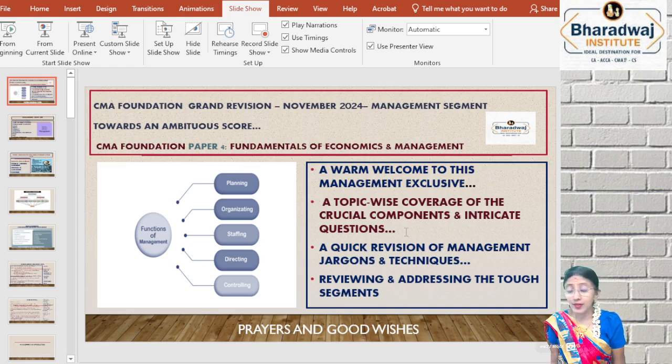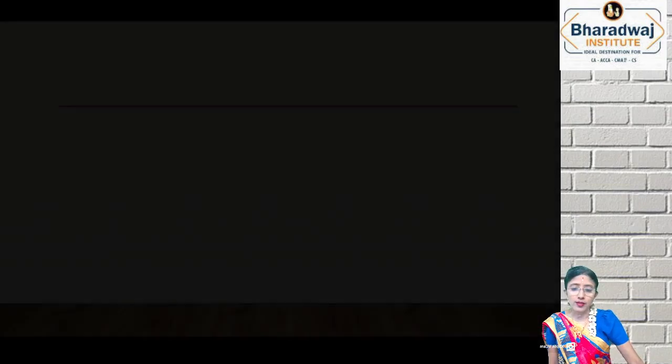This is towards preparing you for an ambitious score. By now you would have studied it, but for revision, a bit of crucial components can be touched upon and a quick revision of some of the management jargons and techniques which are very important, enabling you to understand what is going to be the very important question from this segment. That is how we are going to begin this session.